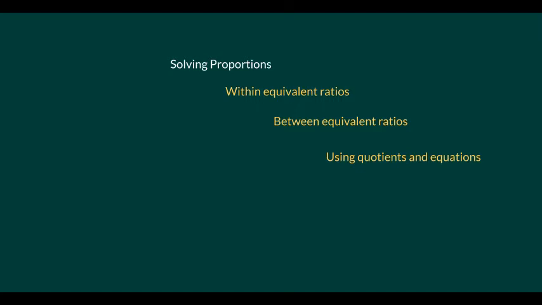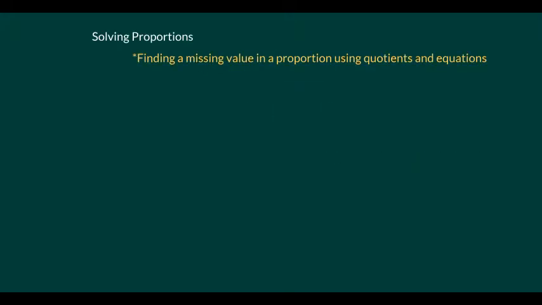And you find the missing value by changing that first ratio and solving for the quotient, finding the quotient by dividing, like I said. So we're going to find a missing value in a proportion using quotients and equations today, class.